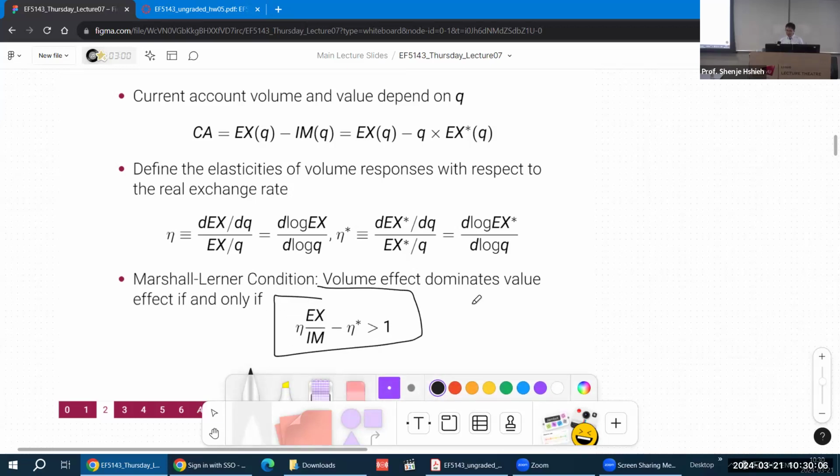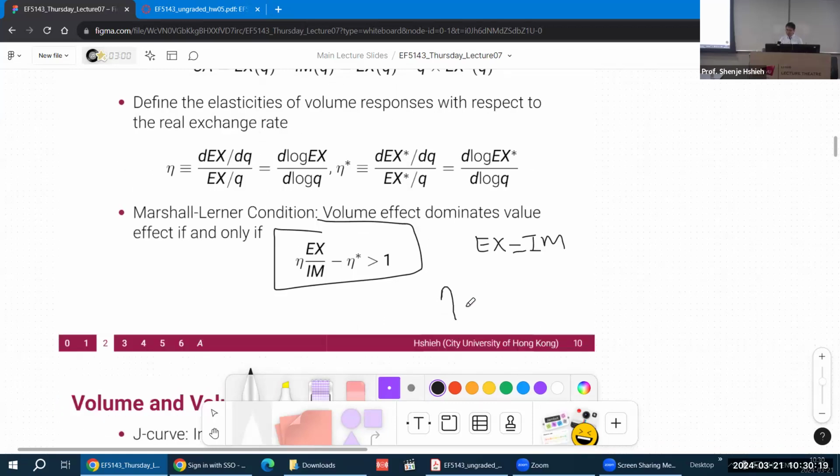So if we assume we are in a long run equilibrium and everybody's achieved trade balance, so maybe over 30 years, right? That means EX equals IM, then it's just eta minus eta star greater than 1, which tells us that, again, the elasticities of our exports have to exceed our trading partners' elasticities of exports by 1, right?